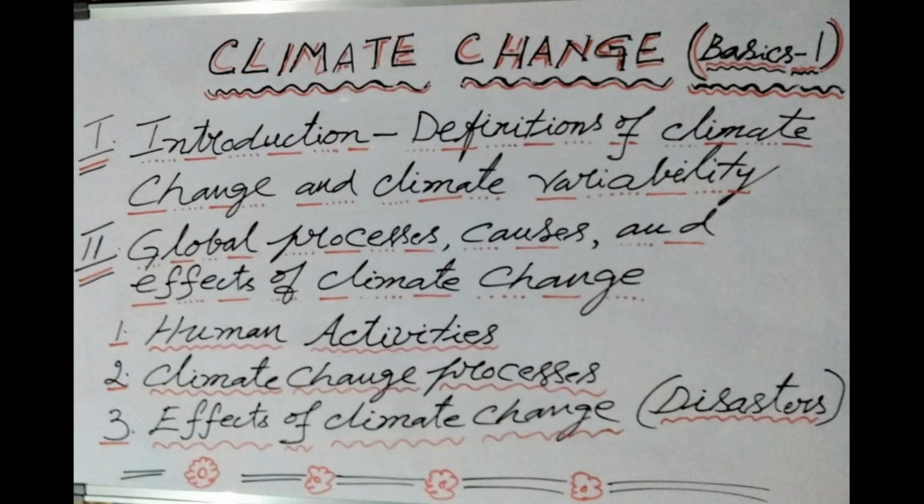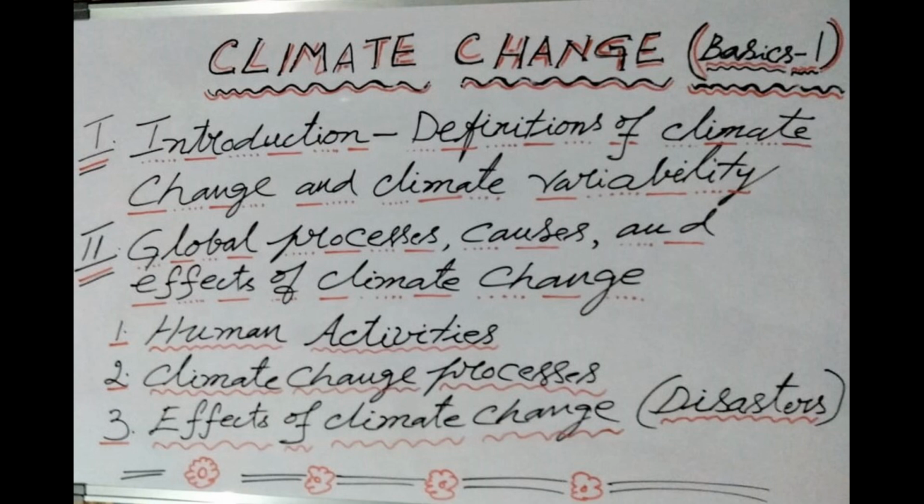So, climate change differs a lot from climate variability. Once again, let us see. The definition of climate change is a change in the state of the climate that persists for a decade or longer, whereas climate variability is defined as a variation in the state of the climate beyond that of individual weather events.